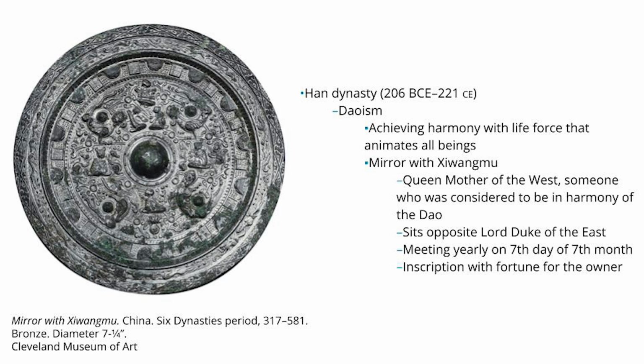So she's featured on the left of the circle in the middle, and across from her, opposite of her, sits the Lord Duke of the East, who supposedly she would meet yearly on the 7th day of the 7th month.